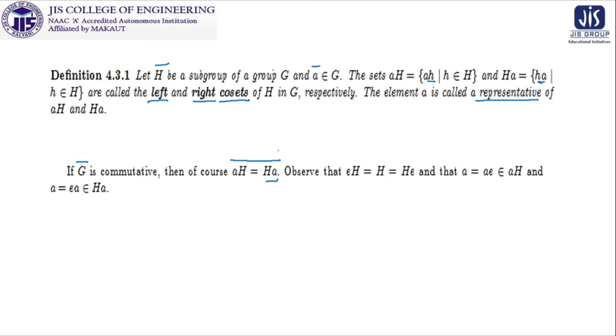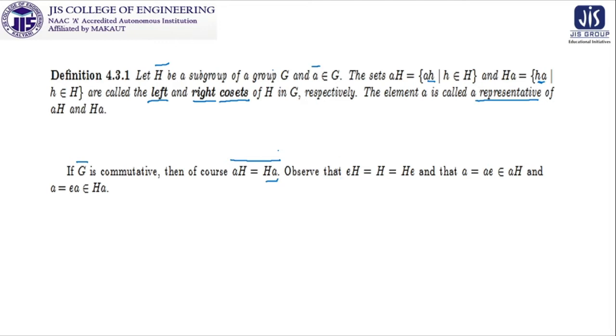But as G is commutative, a and h, both of them being elements of G, can commute in all possible cases, and that is why we can say that aH is equal to Ha.